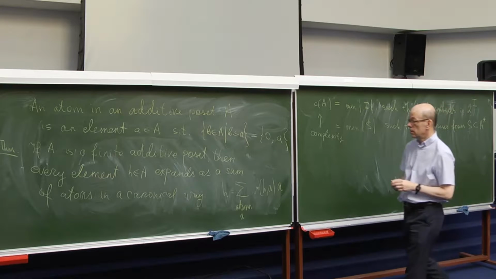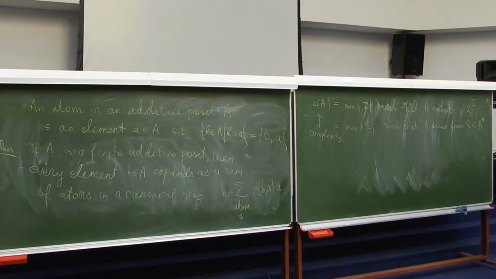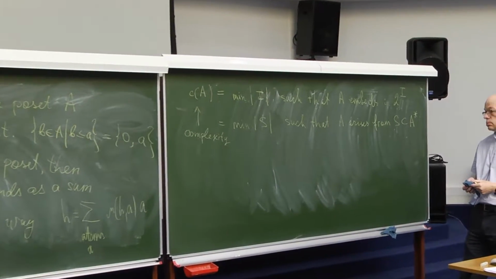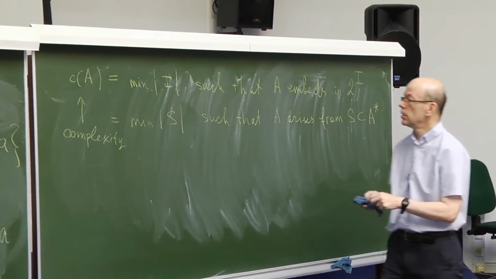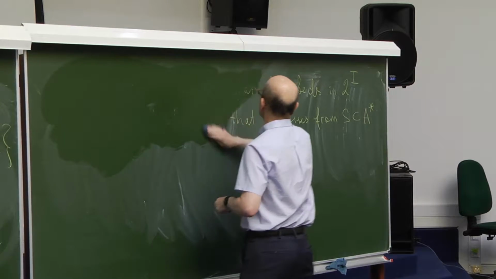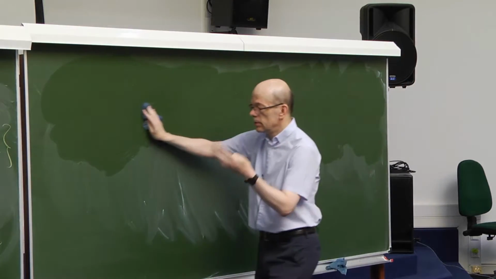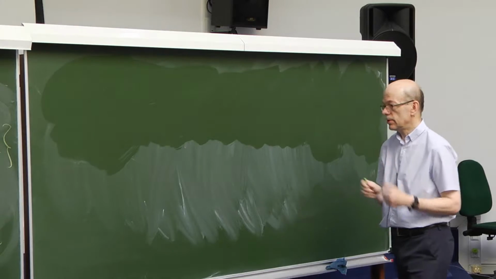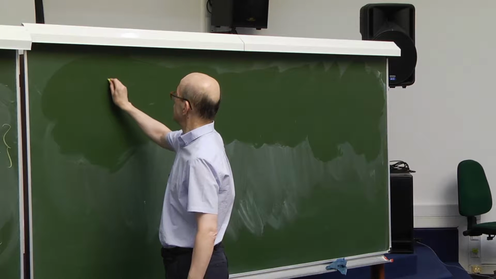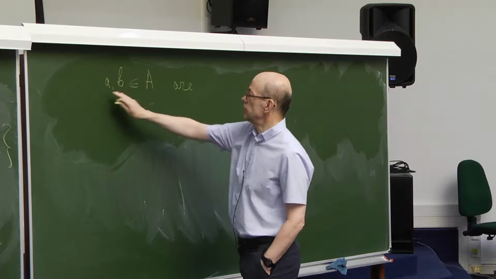Now, of course, this theorem is not difficult to prove, one just needs to know what the Möbius function is and how to work with it. Of course, it raises the question of uniqueness of such an expansion. It is not unique. And to go further, I want to introduce another definition, so-called independence. So two elements, A and B, of an additive poset A, are independent from each other.